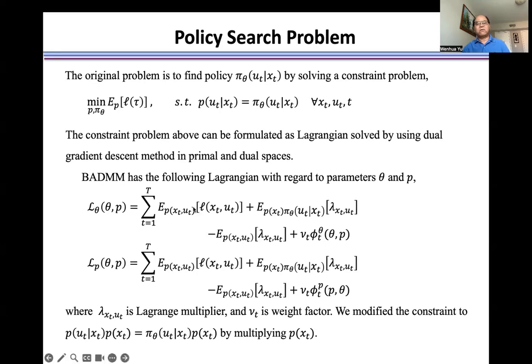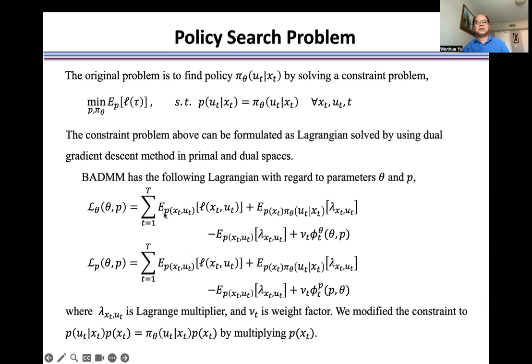During the derivation of these two formulations, we modify the constraint a little bit, divided by T at both sides.